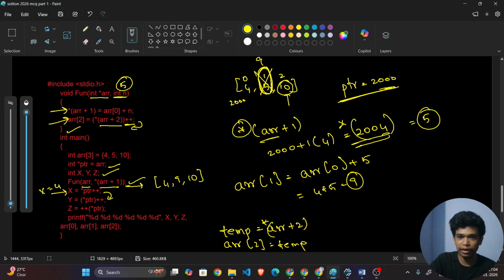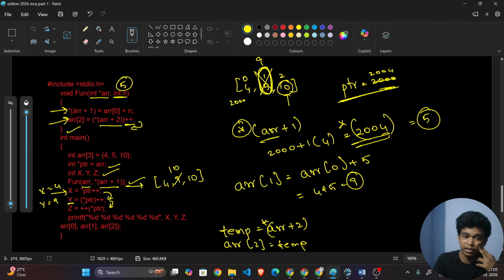And when it goes to the next line, my PTR will be changing to 2004. In my next line, again I am doing y is equal to star PTR plus plus, which means star PTR is executed and plus plus will be executed in the next line. Just observe this, here my y is equal to just 9 only. But when I go to the next line, this 9 will be converted into 10.